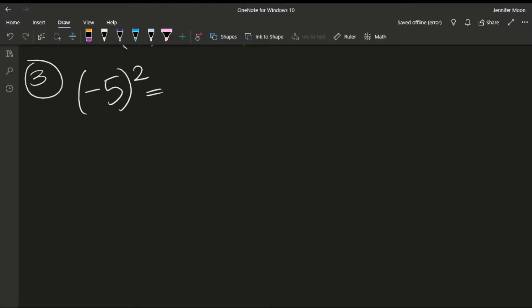That's saying we're multiplying that whole term, the number and the sign, by itself 2 times. If you do 5 times 5, you get 25. The signs are the same, so you get a positive 25. Or you can think of it as negative times a negative makes a positive.